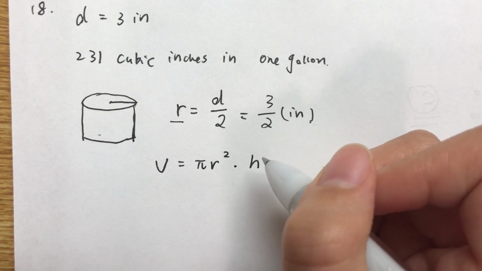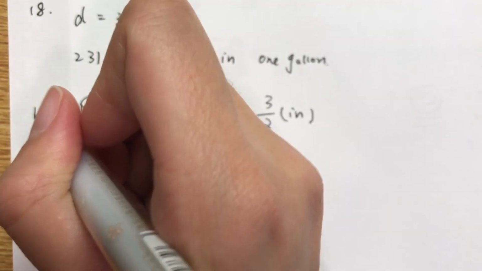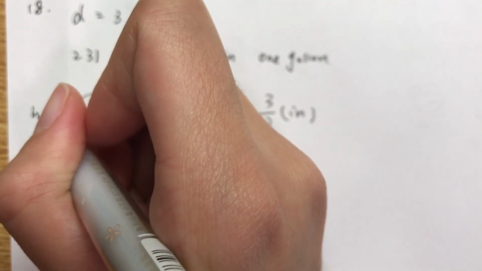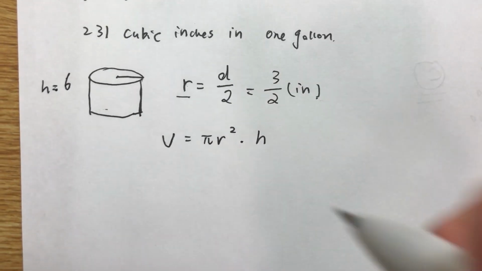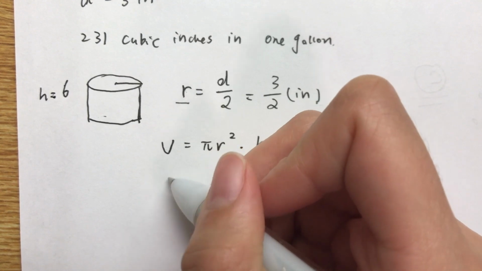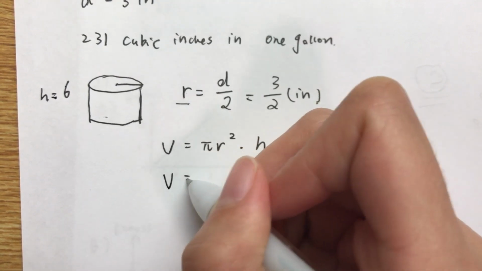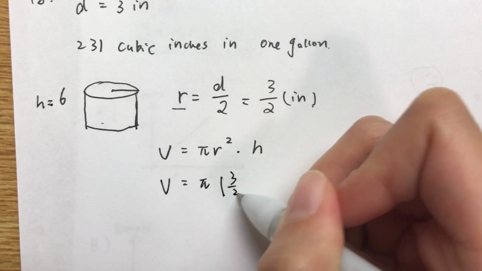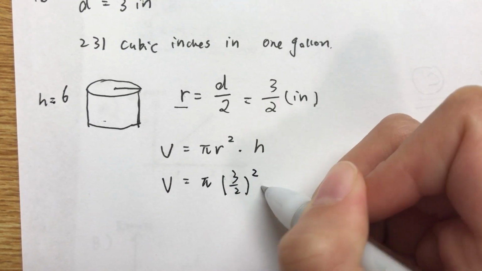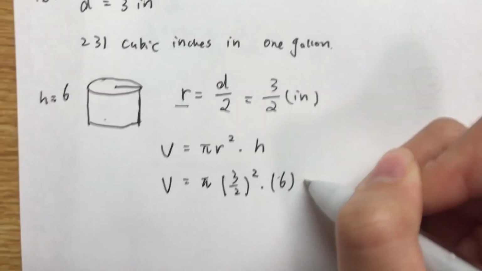From the question, we know H is equal to 6. So then we try to plug into the equation. V is equal to pi times 3 over 2 squared times 6.